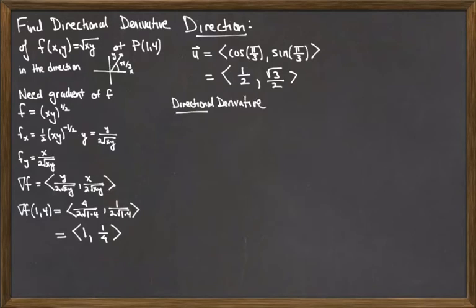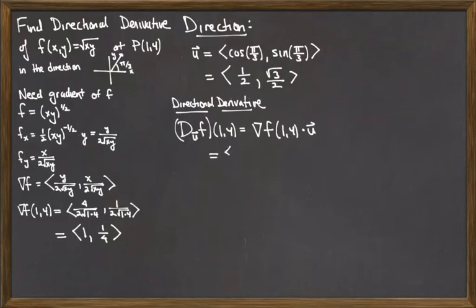Now we can compute the directional derivative. We write this as D sub u of f, and you read this as the directional derivative of f in the direction of u, and then we're going to evaluate it at the point (1, 4), this point p. This will be a scalar quantity, and we get it by taking the dot product of the gradient at our point with our directional vector u.